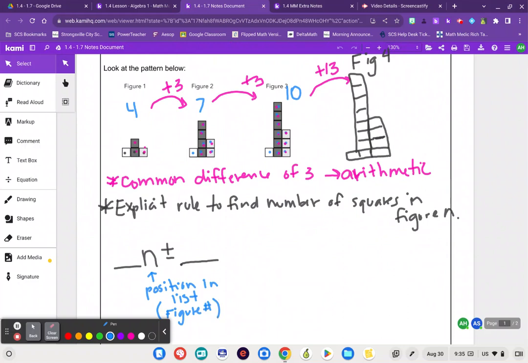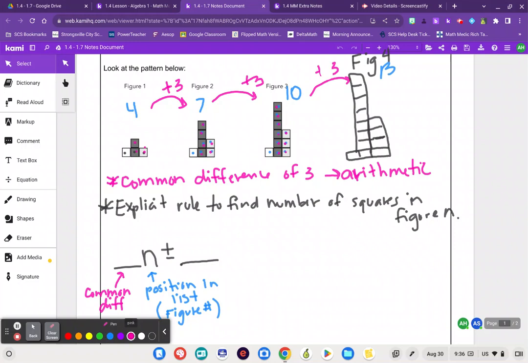First figure, second figure, third figure, etc. The number that goes here is going to be my common difference, if I'm changing by 3 for every figure. I just noticed that I had a little mistake here. I wrote plus 13. It should be plus 3 because I have a total of 13.